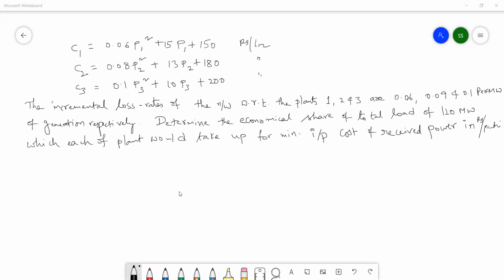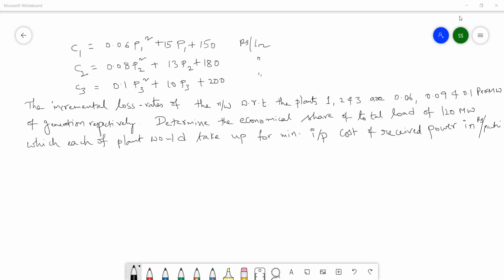So you need to calculate the value of P1, P2, P3, and also you can take a differentiation, that is dou L by dou P, for any plant.